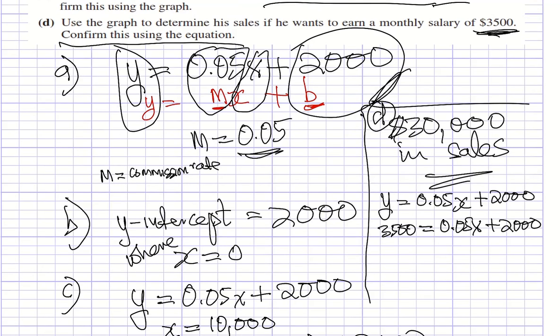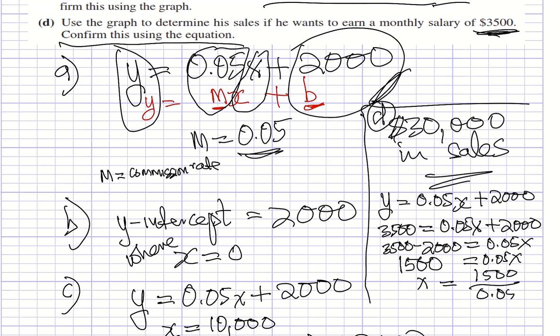You bring 2,000 over, so 3,500 minus 2,000 equals 0.05x. That's 1,500, so 0.05x equals 1,500. Then x equals 1,500 over 0.05.